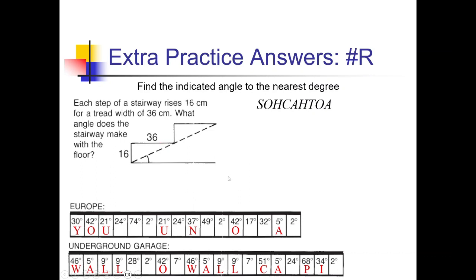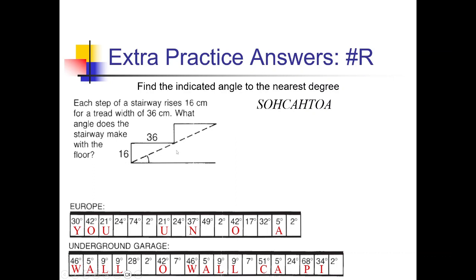So in this one, they have a step of a staircase rising 16 centimeters for a tread width of 36 centimeters. So there's our diagram. We want to know the angle the stairway makes with the floor, this angle down here. Now the tricky part is they didn't give us anything about this triangle that this angle's part of.